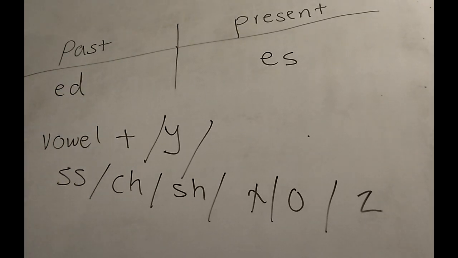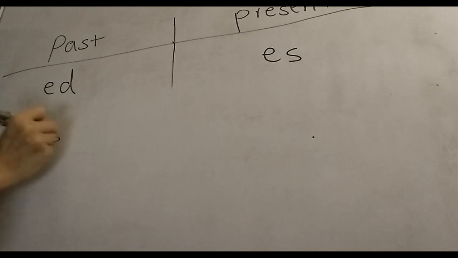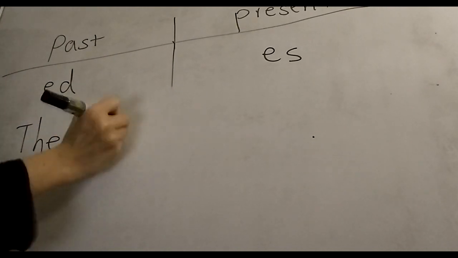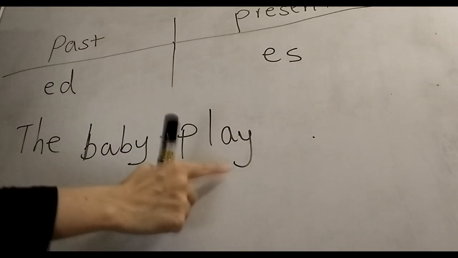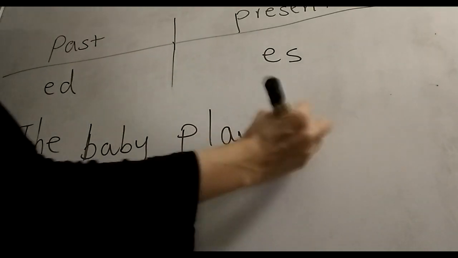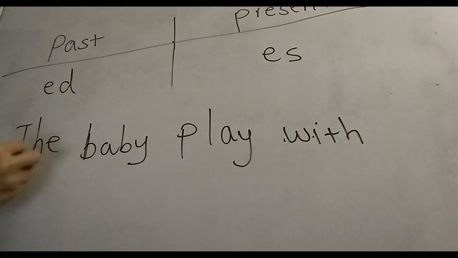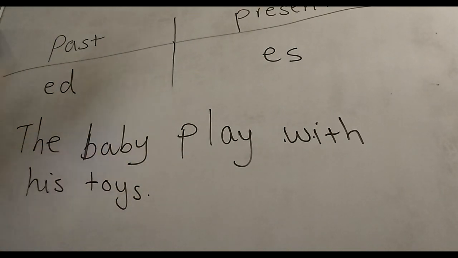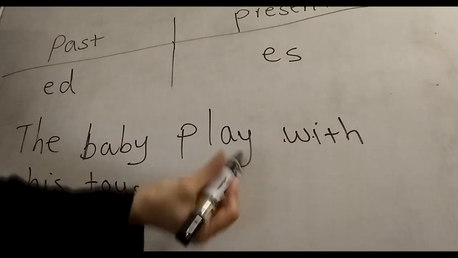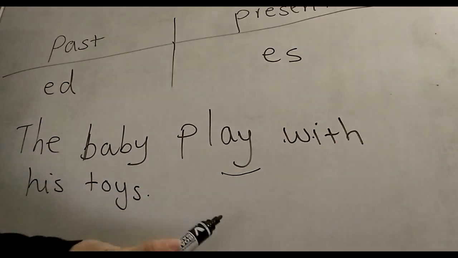For instance, the baby plays. Now we have play, the base form, okay? Play with his toys. So if you want to refer the sentence to the past tense, and you want to say that the baby played with the toys in the past, what we need to do is look at the last two letters.